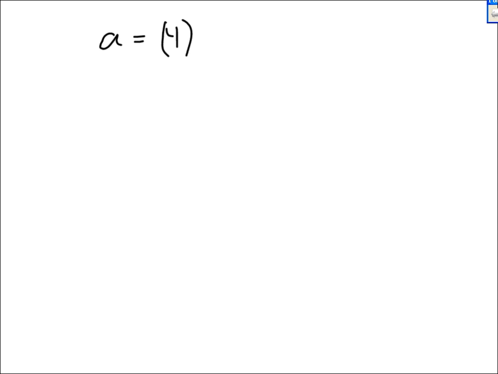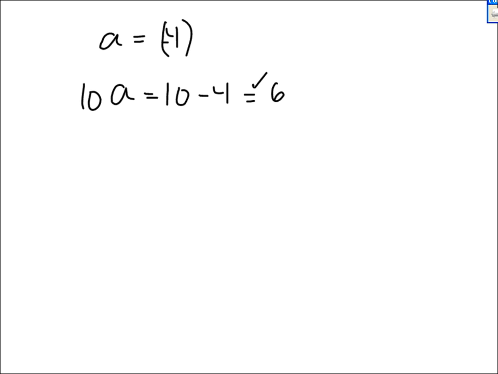In particular, when A is a negative number. For example, if you have 10A, and I tell you A is negative 4, well then, for 10 you put 10, and for A you put negative 4, and then you say, oh, 10 minus 4 is 6.